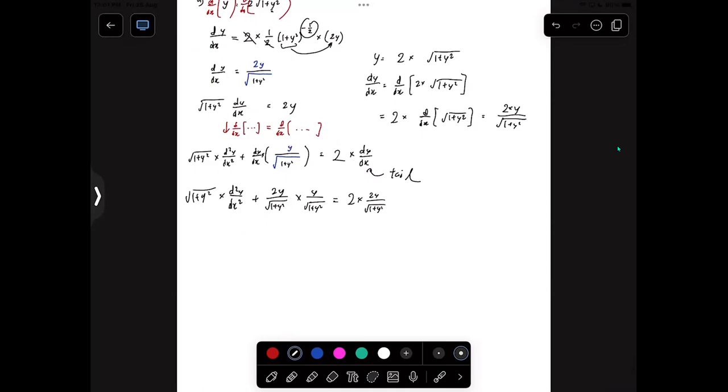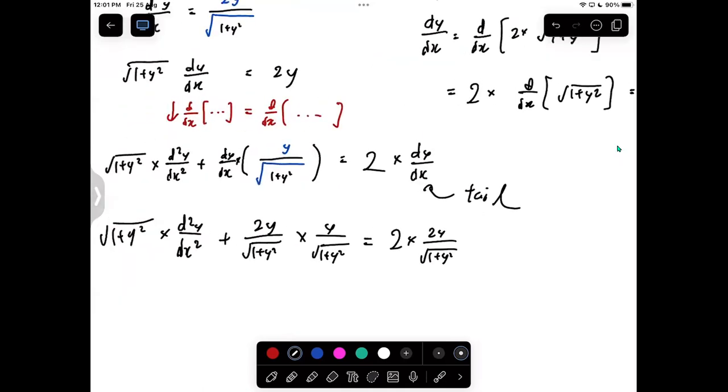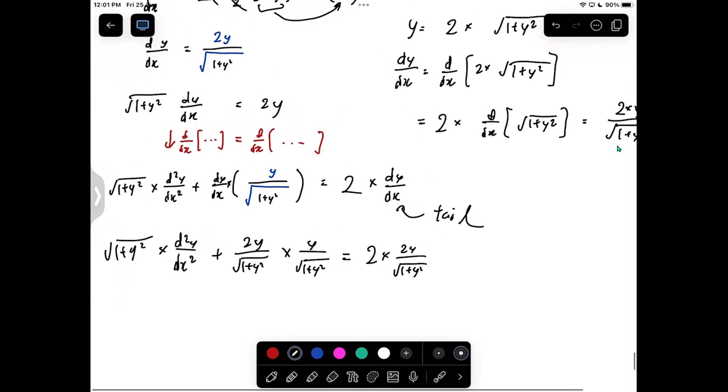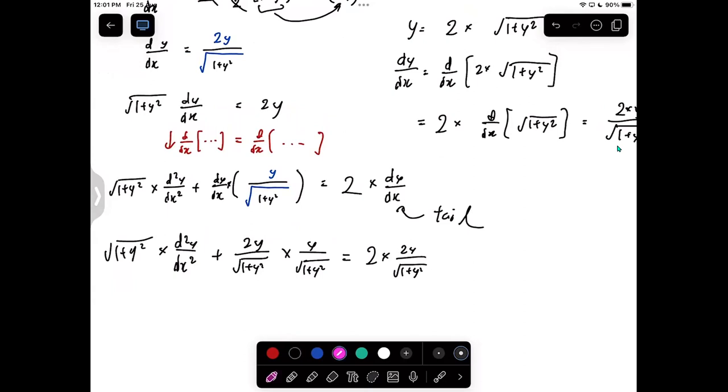Like this, right? Can? Then you realize that square root and square root, they cancel away, becomes 1 plus y squared. Then this is 2y squared, equals 2 times 2 is 4y over square root 1 plus y squared.